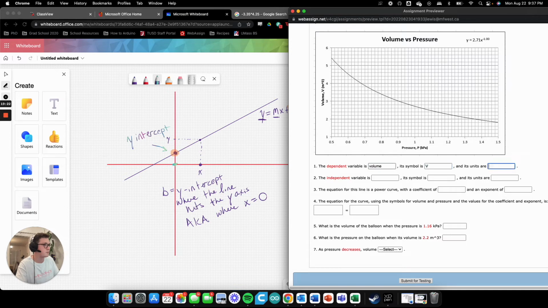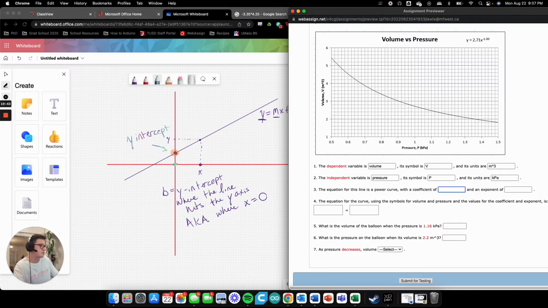Volume's symbol is capital V. The units are meters cubed. Independent variable is the x-axis. That is pressure. Symbol is capital P. Units are kPa, kilopascals.